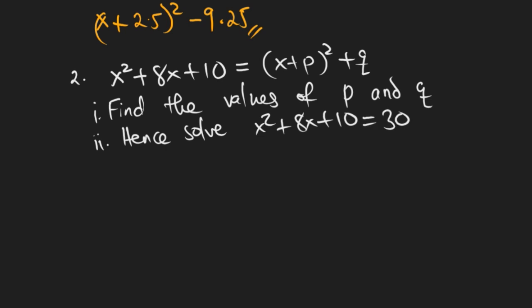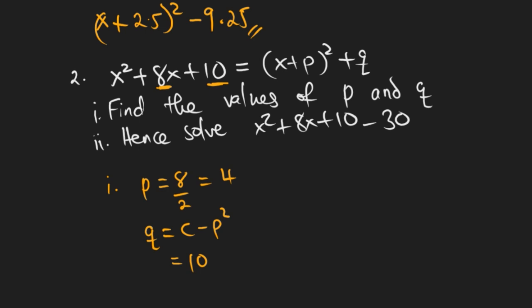All right, let's do the first part. Find the values of p and q. To solve this, we know that we are supposed to divide the b by 2. So p is equal to 8 over 2, which is 4. And then we know that q should be equal to c minus p squared, where c is the last number here.